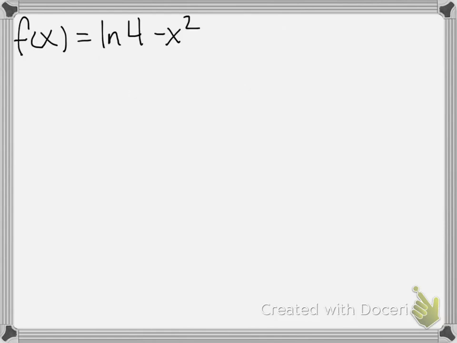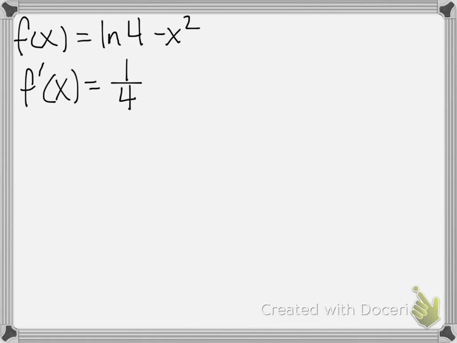Now we need to find out whenever we are going to be increasing and decreasing and concave up and concave down. And like I said before, to do that, we need to take the first and second derivatives. So the first derivative is going to be 1 over 4, because that's what the ln does when you take the derivative.